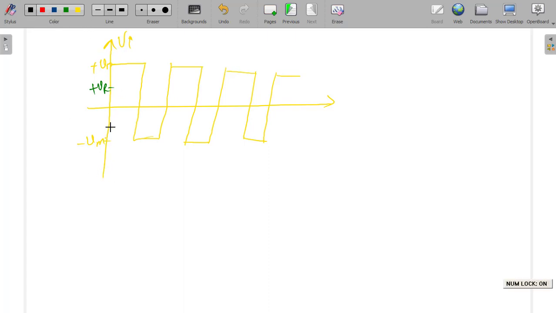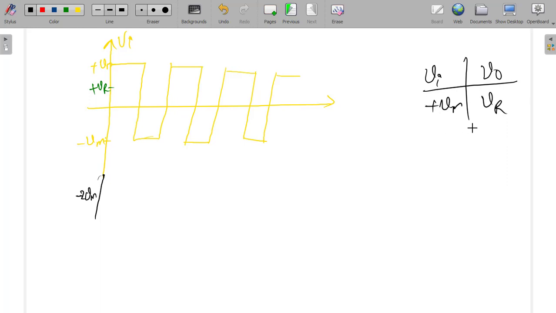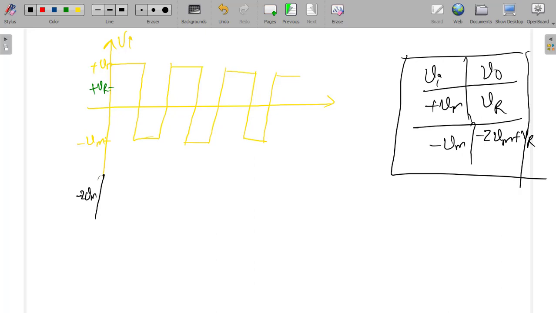This is minus 2Vm. Now I want minus Vm plus Vr to be represented on the graph as well as minus 2Vm plus Vr, because we already have the output voltage minus 2Vm plus Vr whenever the input voltage is minus Vm. In order to do this, let me draw the table first. These are the values for output voltage for the corresponding input voltages.